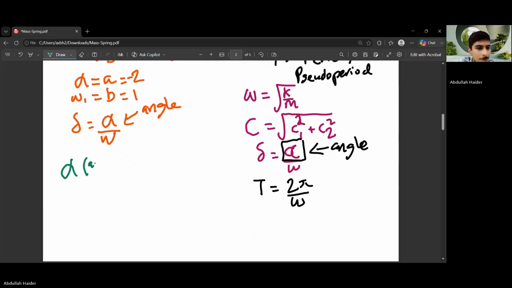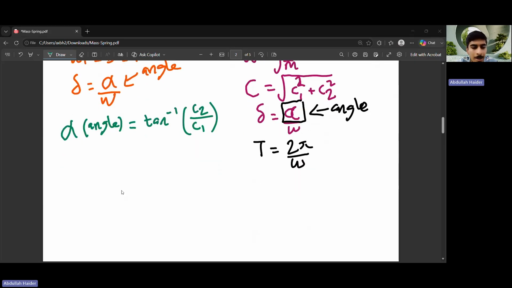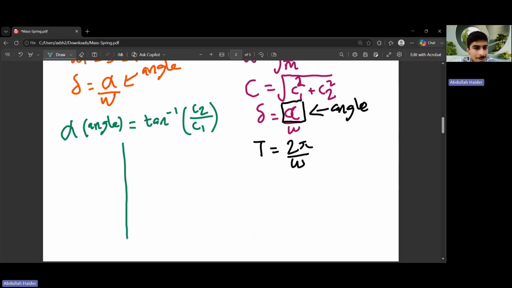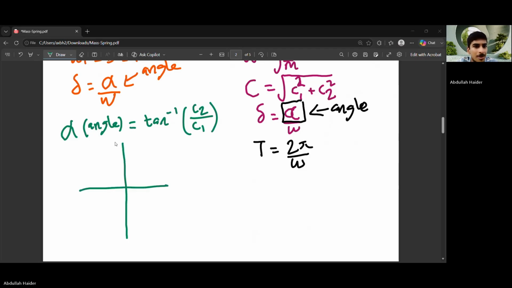Alpha, also known as the angle, is equal to tan inverse of C2 over C1. To be honest, you really need to memorize these formulas. The angle one is also important. It came in the final. And also you need to know the sign convention for C1 and C2, where it is.